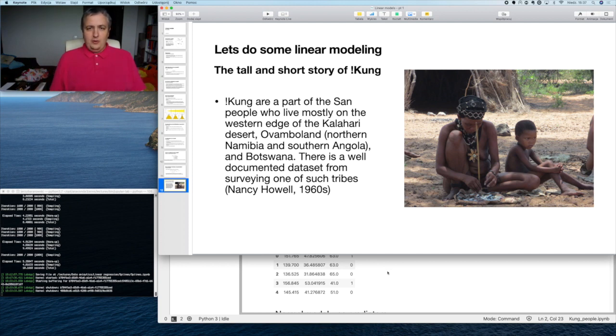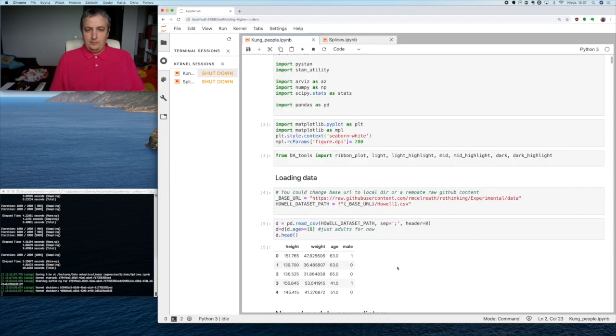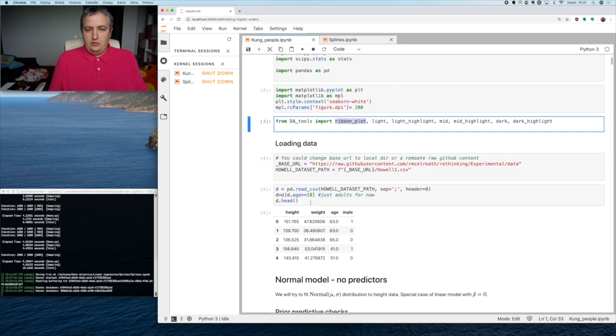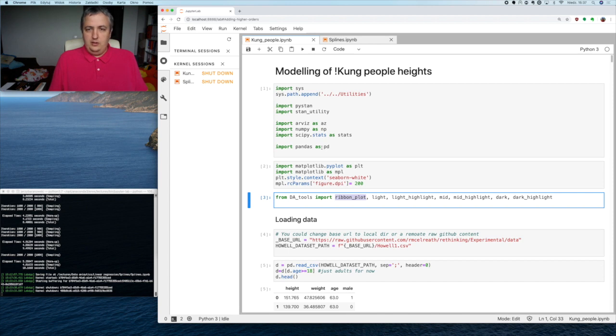So let's create a linear model depicting the heights of Kang people. Starting with standard, we go to the Jupyter notebook. We import the necessary packages, certain visualizations, the ribbon plot that we used last time, and some variables from the DA tools module that will be given to you in the GitHub repository.